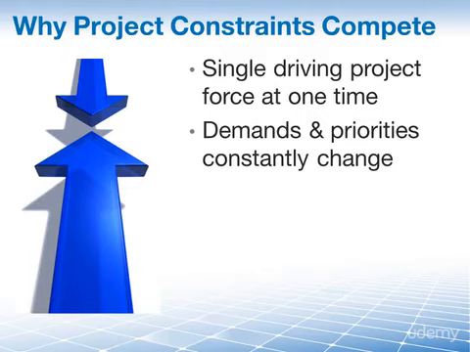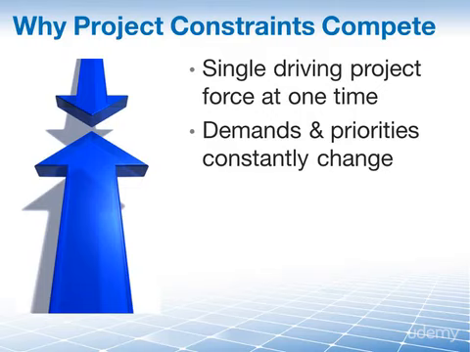When these demands change, the project manager, you, have to decide which other competing constraint or constraints will be impacted and will have to be adjusted to successfully complete the project. This involves constantly determining the priority of each constraint, which often fluctuates.